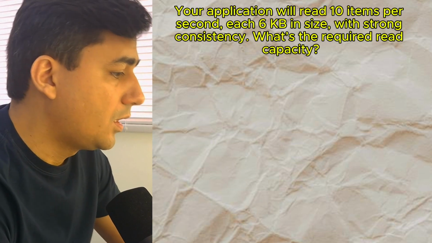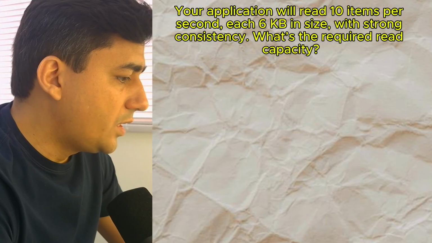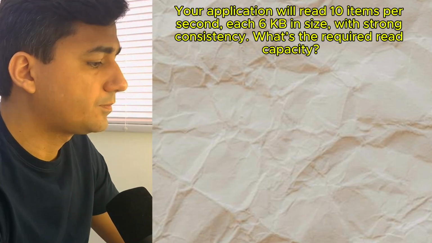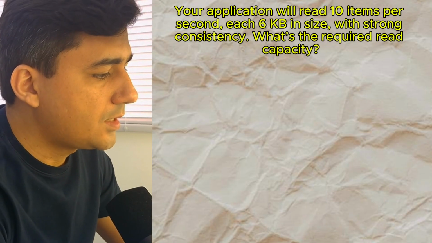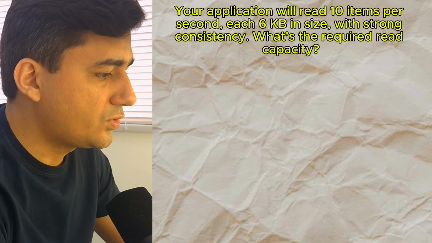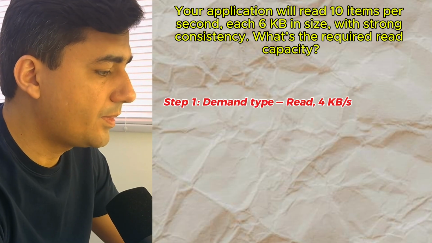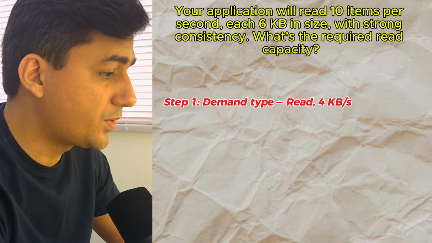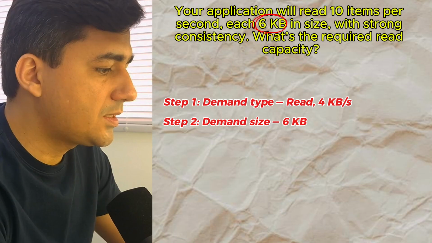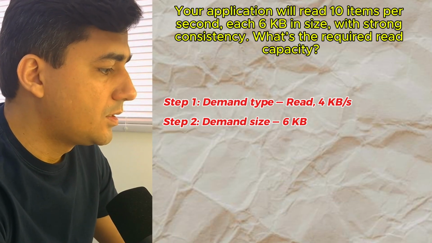Next question. Your application will read 10 items per second, each 6 kilobytes in size, with strongly consistent reads. What's the required read capacity? Step 1. Demand type. Read, 4 kilobytes per second. Step 2. Demand size, 6 kilobytes. Step 3.